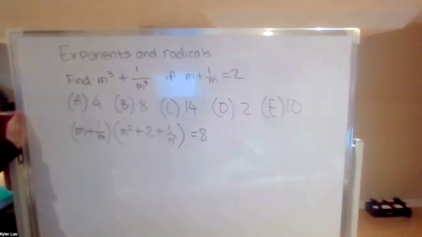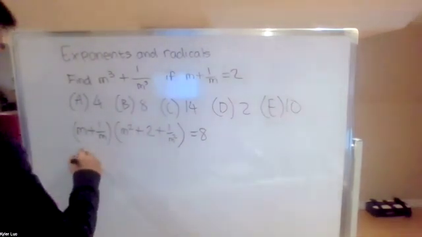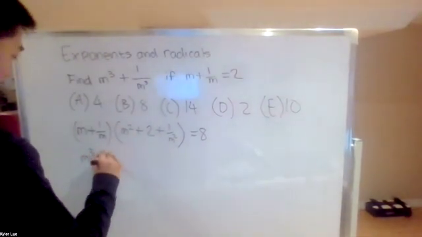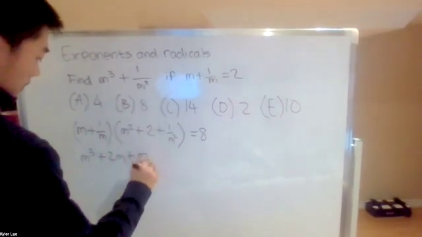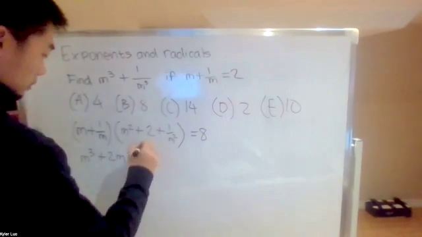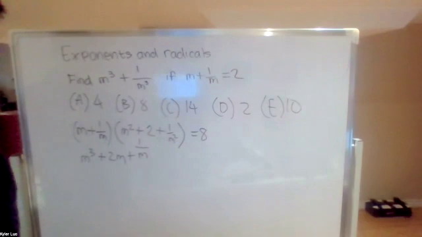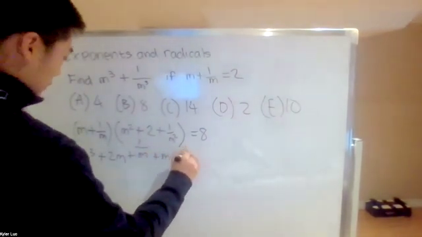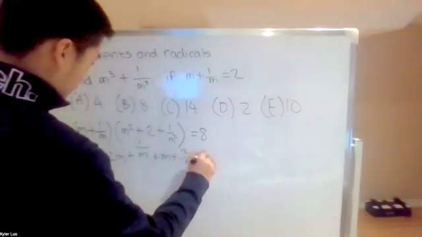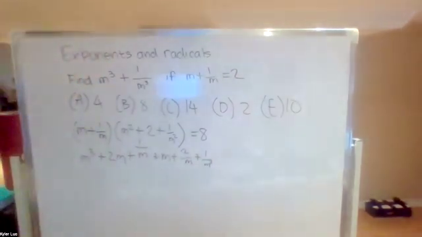And then you just multiply, so that's equal to m cubed plus 2m plus 1 over m, and then plus m plus 2 over m plus 1 over m cubed, which is equal to 8.